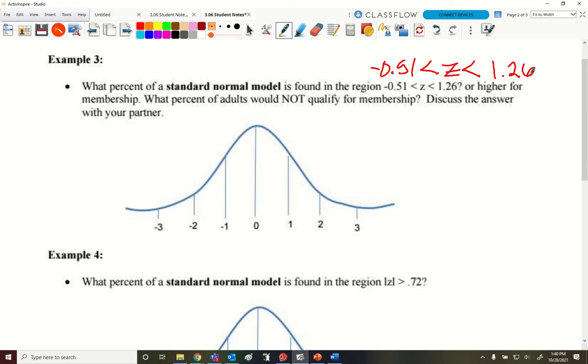So what that means is the lower bound's here, the upper bound is here, and I have to find the value in between. So negative 0.51, right about here, and 1.26. And I'm trying to find everything in between here.